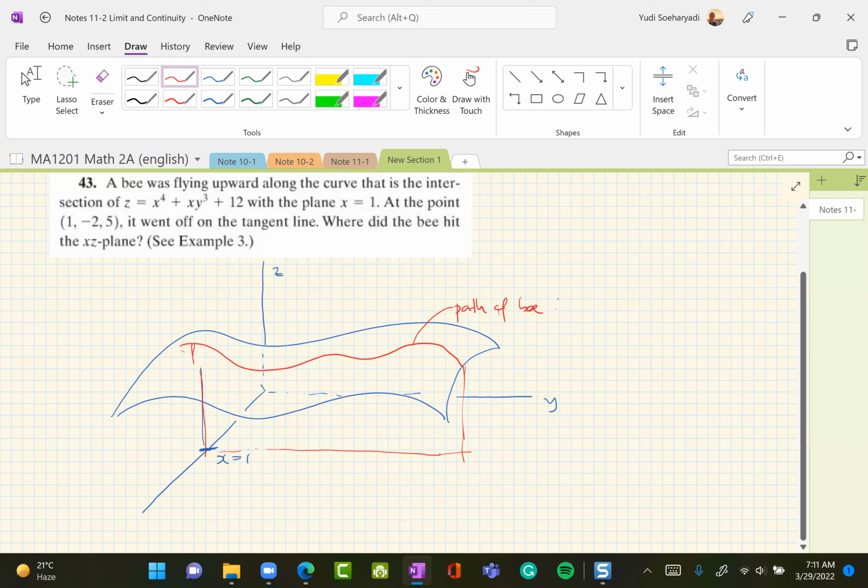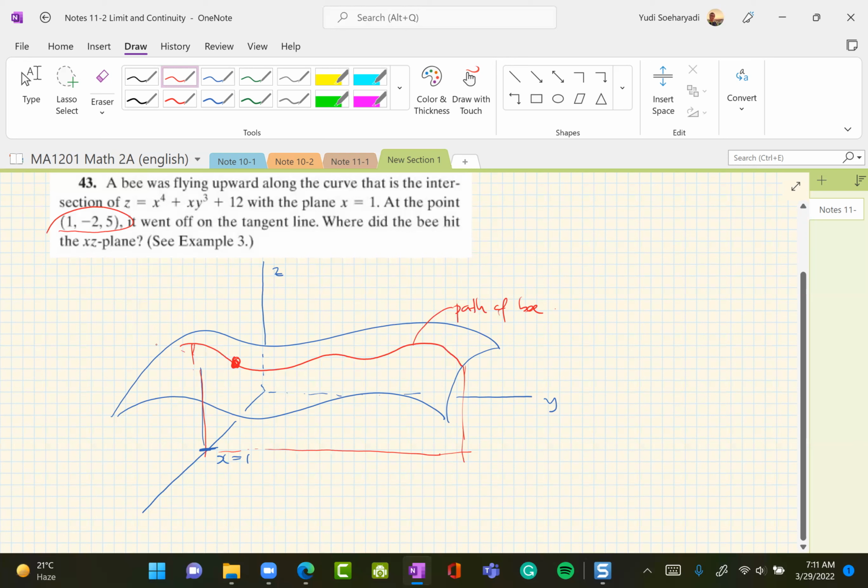Right? And at some point, at this point, it goes off along the tangent line. Okay. So the question is, where did the bee hit the XZ plane? The XZ plane is this one here.